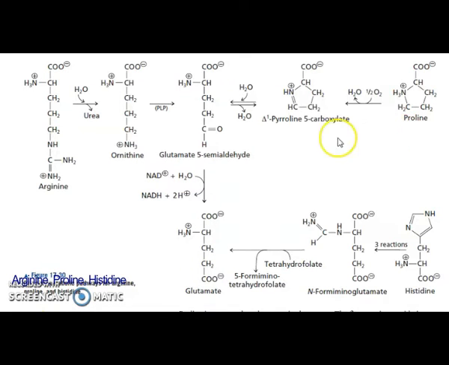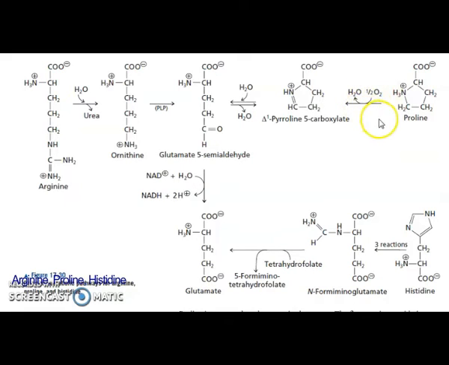Proline is converted to glutamate in 3 steps. The first step is an oxidation reaction catalyzed by the FAD-containing enzyme proline dehydrogenase. The electron acceptor is sometimes molecular oxygen, although other acceptors can be used.